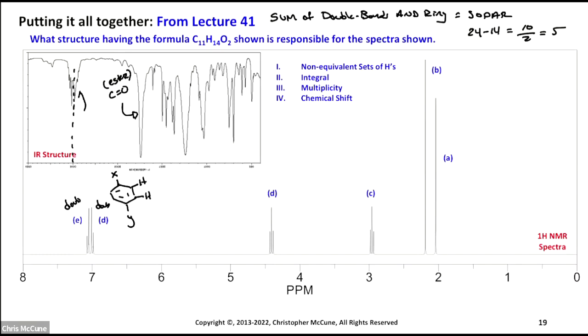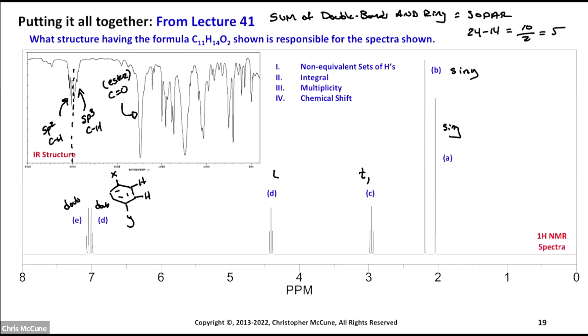So I have the sp3 CH stretches, and I have the sp2 CH stretches. And then I've got a singlet. I've got a singlet. I've got a triplet, and I've got a triplet. And we have a total of 14 hydrogens.